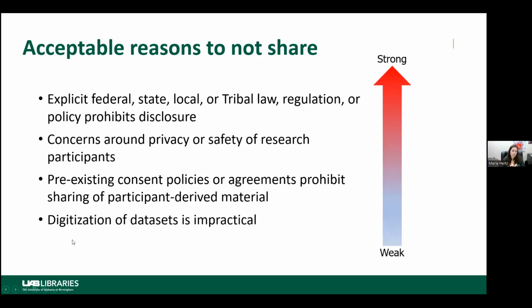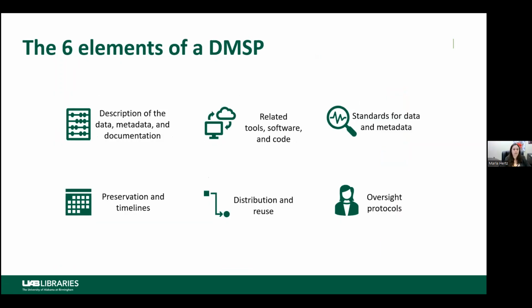And then the last one, which is just wording from the NIH, which I don't quite understand what this means, but it seems like a pretty weak reason not to share, that the digitization is impractical. So I can't think of an example of that, but as this policy continues to become implemented, maybe we'll get a little more clarity on what that exactly entails.